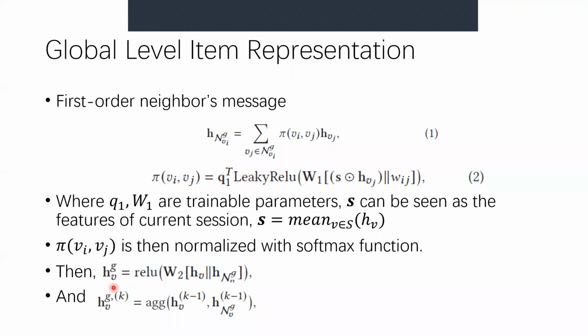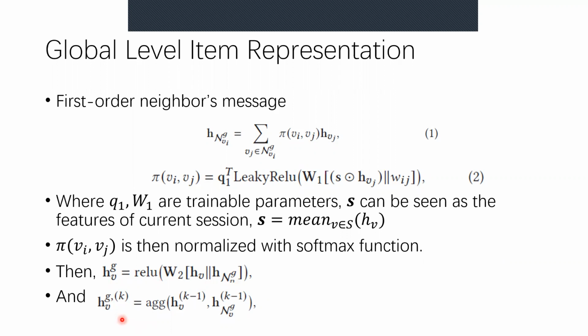Then hVi is updated by this formula: it's the ReLU of W2, another learned parameter, applied to the item embedding and the neighbor embeddings concatenated together.